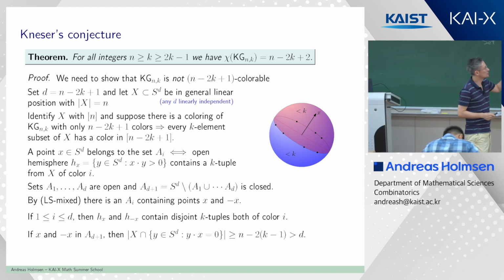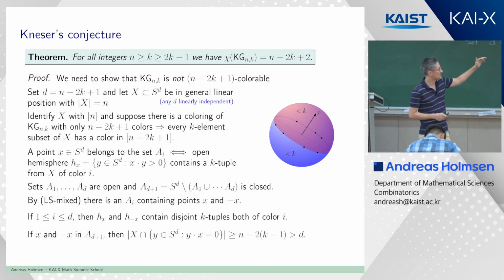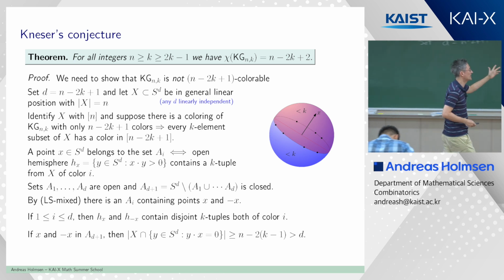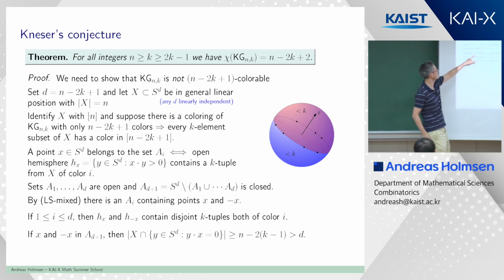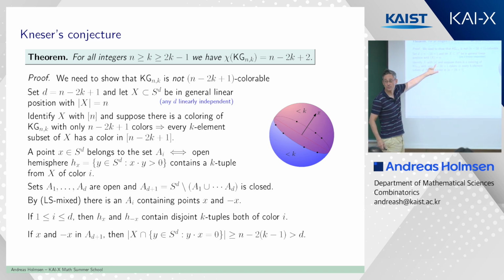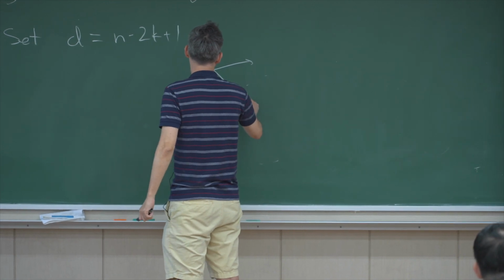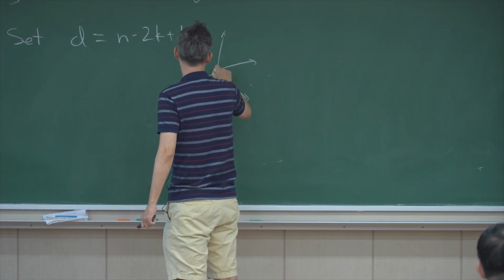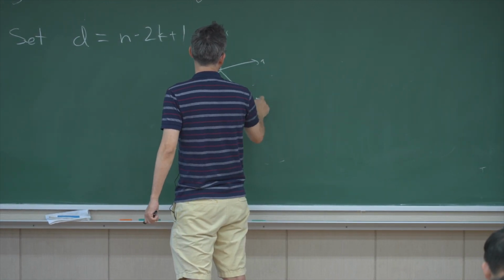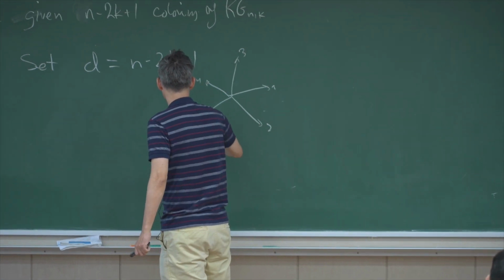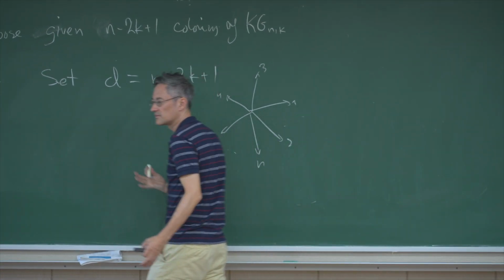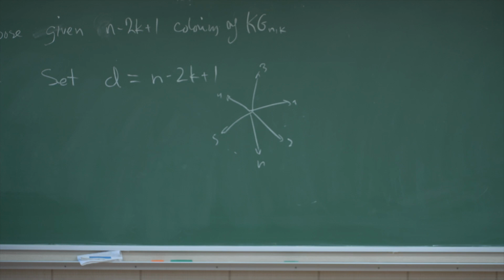Now, the set of vectors you choose has size n. So I'm going to make some bijection between the elements in X and the elements 1 to n. In other words, I just take my set of vectors and label them 1, 2, 3, 4, 5, up to n. You choose how you want to do it.